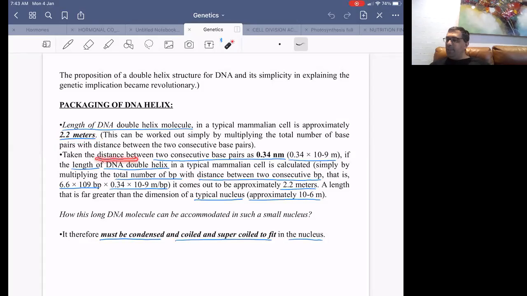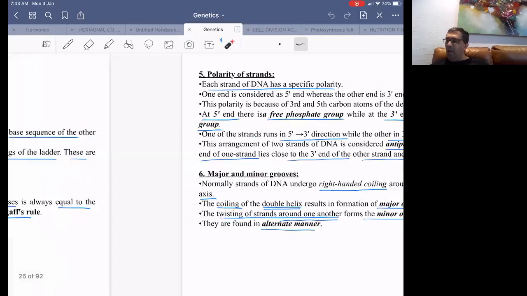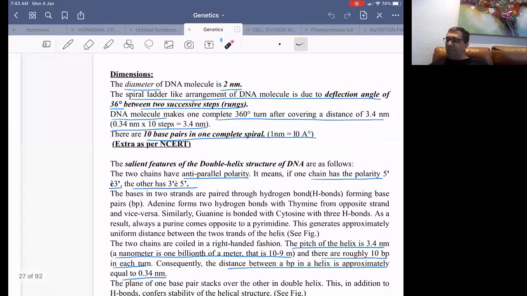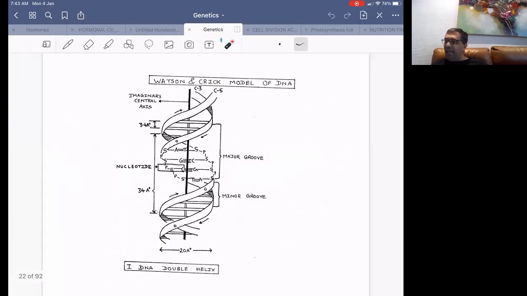Take the distance between two consecutive base pairs as 0.34 nanometers. If you remember, we had just talked about it. This is the pitch of the DNA, and the pitch of the DNA was 34 angstrom units.